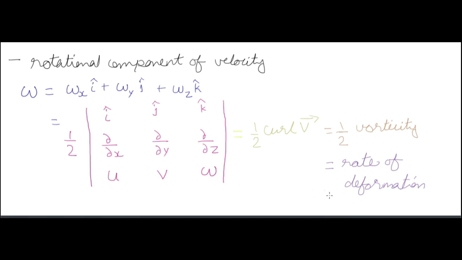So for rotational flow, omega is not equal to 0, which means angular velocity terms would be there.